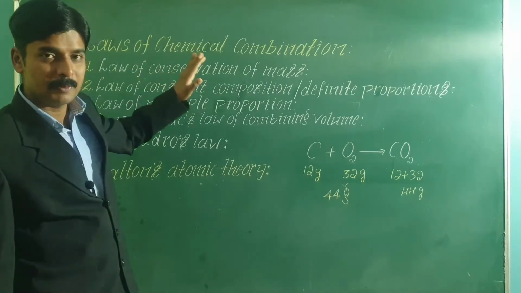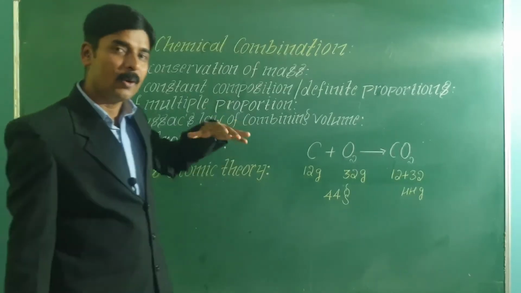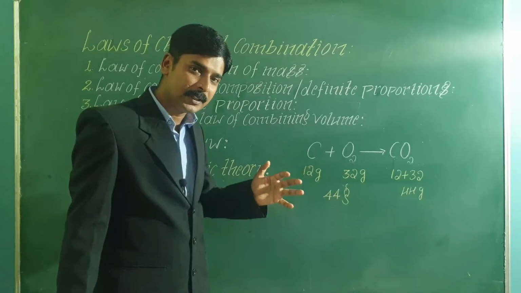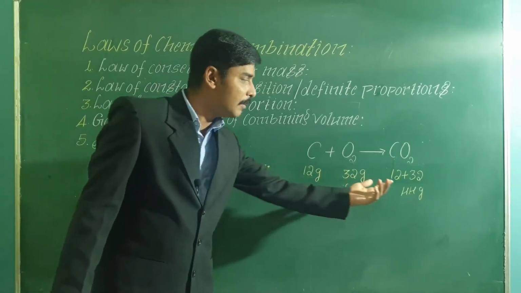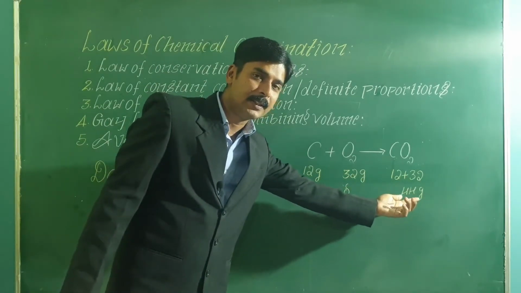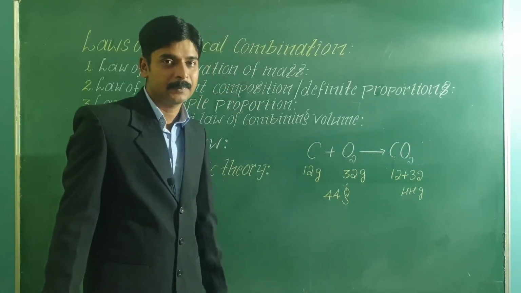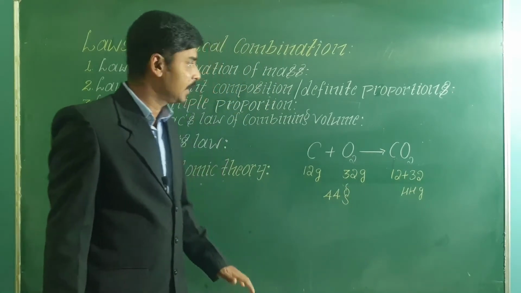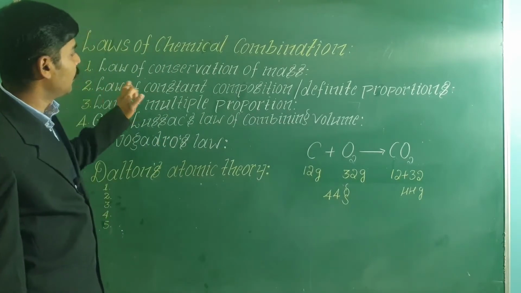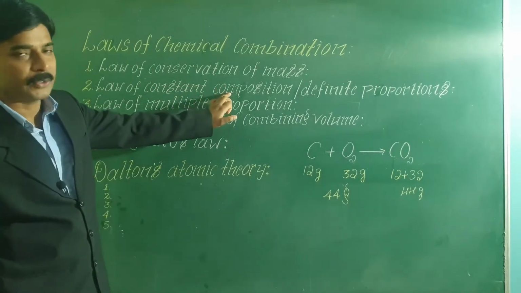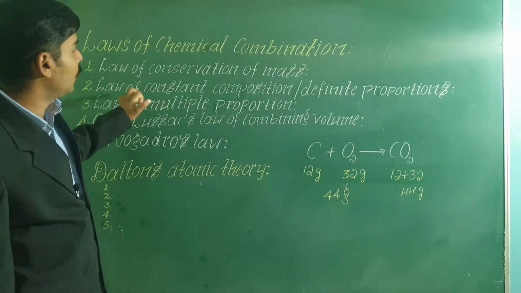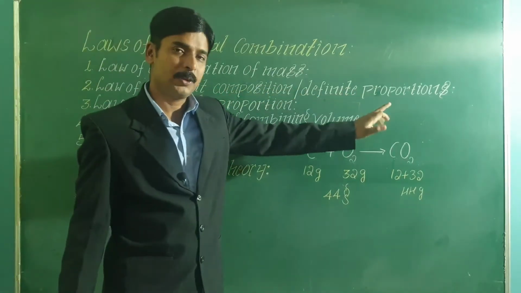The law of conservation of mass states that in all physical and chemical changes, the total mass of the products is equal to the total mass of the reactants. Is this clear?